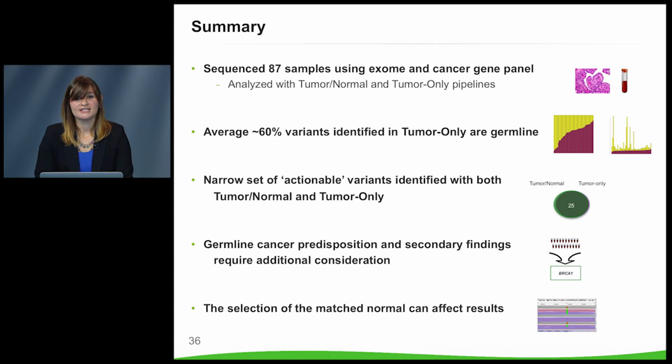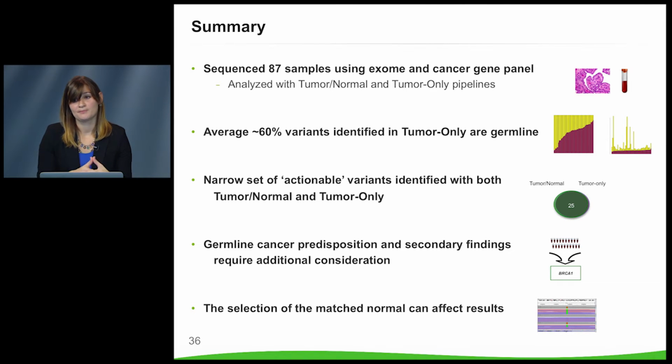So in summary, we sequenced 87 tumor samples using both our Augmented Cancer Panel and our Exome, and analyzed these with our tumor-normal and our tumor-only somatic analysis pipelines. We found that the proportion of variants identified in tumor-only that are actually reclassified as germline when the matched normal is available varies widely across samples, but averages around 60%.